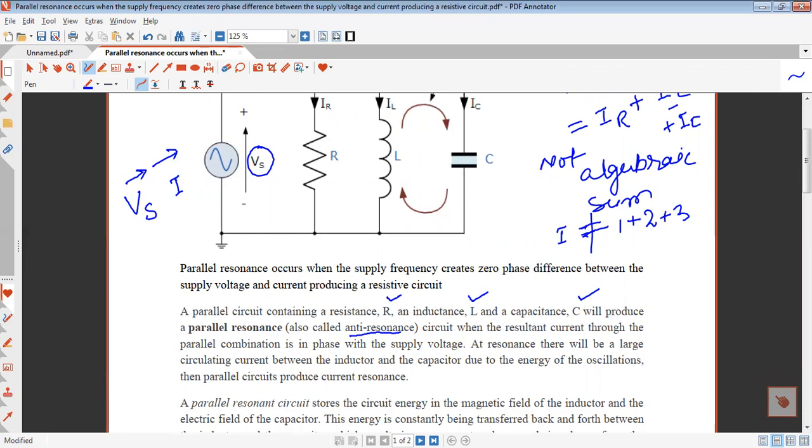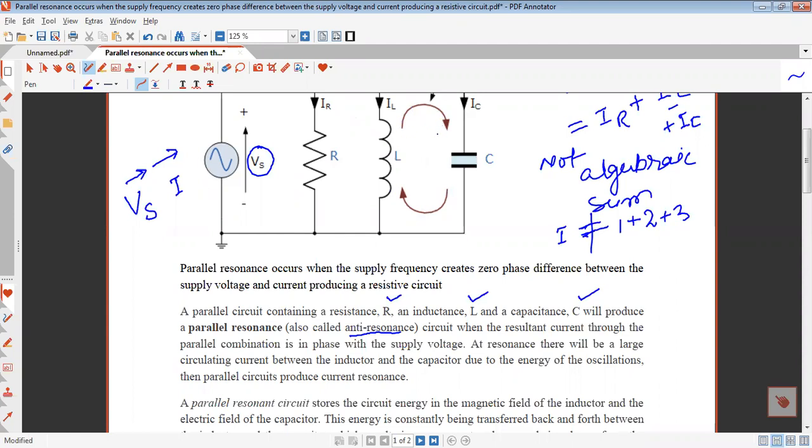At resonance, this large circulating current goes into the capacitor and inductor, and because of the phase difference, when resonance occurs, the values of these two currents are equal and opposite, and they cancel each other.